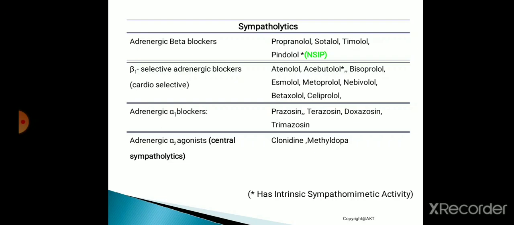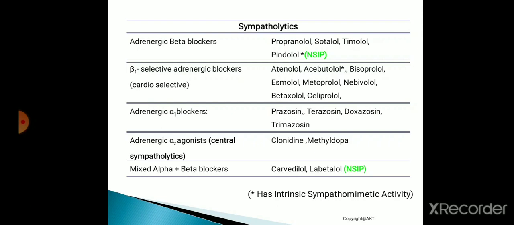So they are also known as central sympatholytics. Highly important drugs, clonidine and methyldopa, highly safe during pregnancy. And finally, the mixed alpha and beta blockers, carvedilol and labetalol. They are not safe during pregnancy but highly useful in case of hypertensive emergency or severe hypertension.